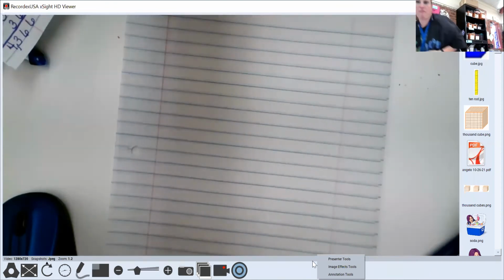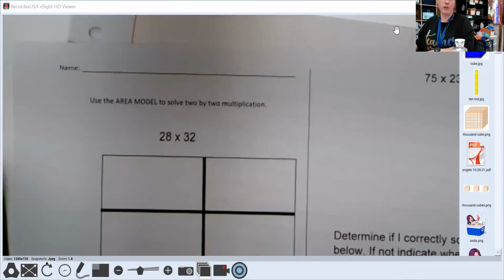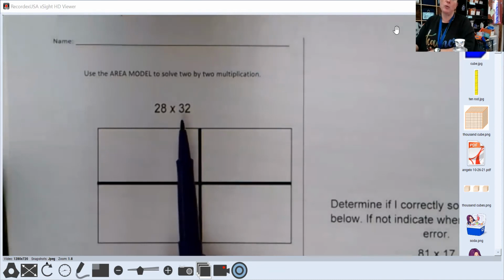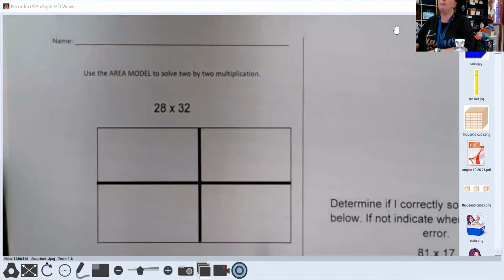Your homework has 3 problems on it. One is to find the product of 2 problems. And then the other one is to find the mistake if I made one. All right, here is your homework. Use the area model to solve 2 by 2 multiplication. The first problem is 28 times 32, and step 1 was done for you.